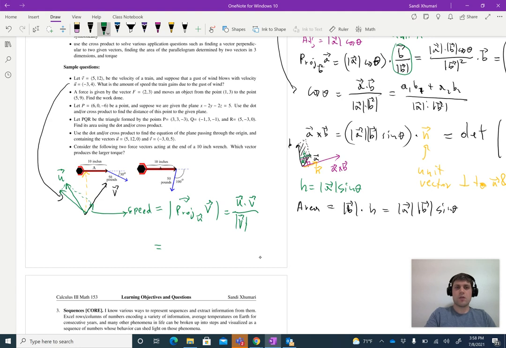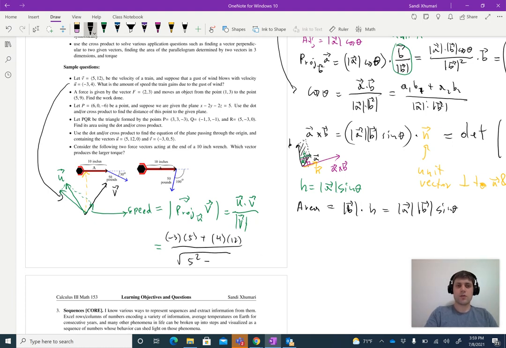So v is 5, 12 and u is negative 3, 4. So do negative 3 times 5 plus 4 times 12, and divide that by the magnitude of v. What is the magnitude of v?